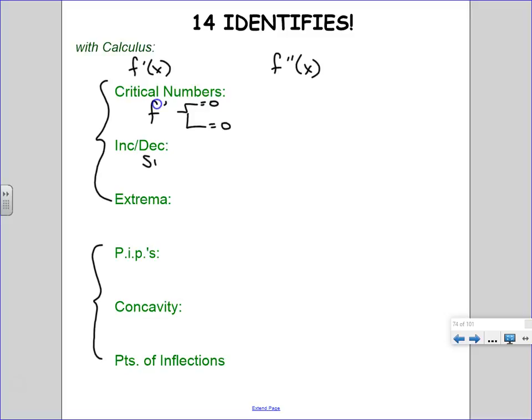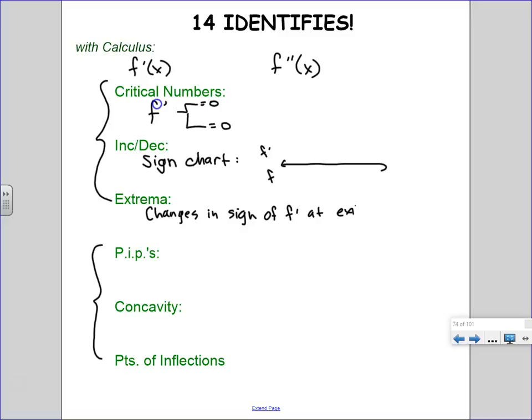Increasing, decreasing. Who do we do a sign chart for? For increasing, decreasing, who's on top? We're checking F prime signs with F. What are we putting into the sign chart? Critical numbers and, don't forget them, discontinuities. Extrema. We're looking for changes in sign of F prime at existing points.